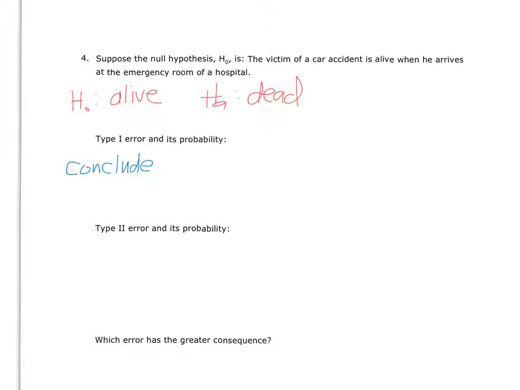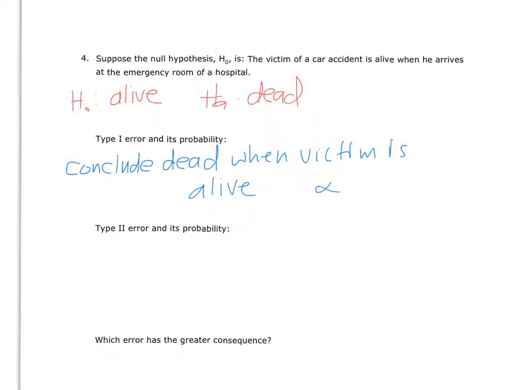So we would conclude that the null is not true. So we're going to conclude that the patient or the victim is dead when, in fact, the victim of the car accident is alive. All right, that would be the type 1 error, and it has probability of alpha.